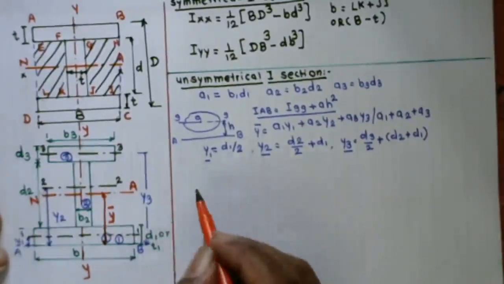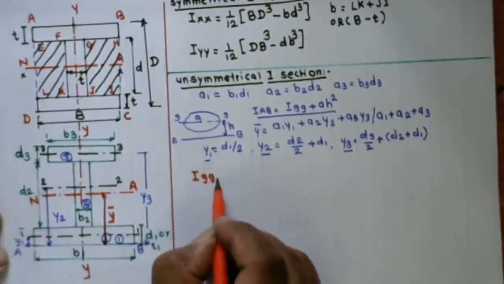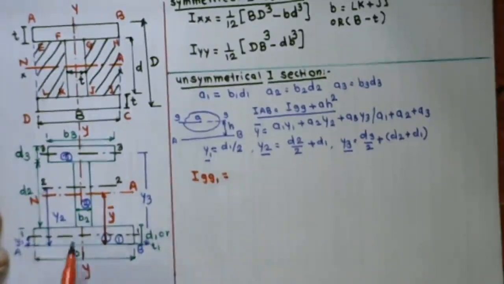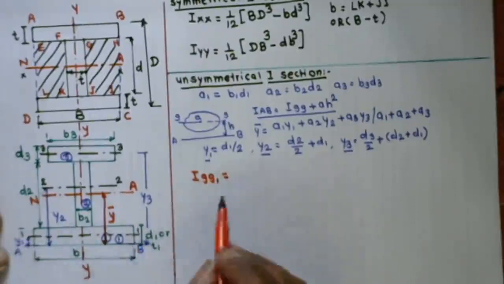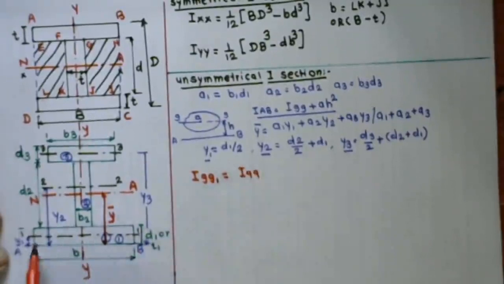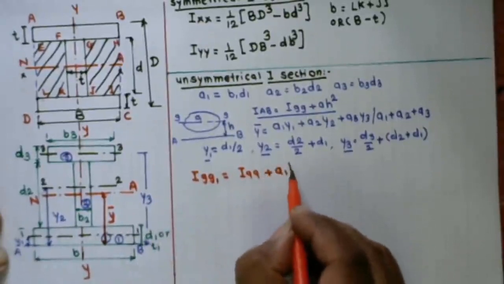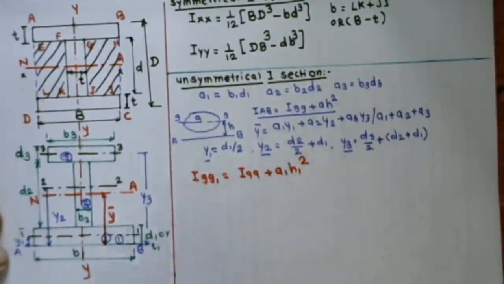Okay. So Ixx1, the moment of inertia about the centroidal axis, is equal to Ig1, the moment of inertia about axis 1-1, plus a1 h1 square.